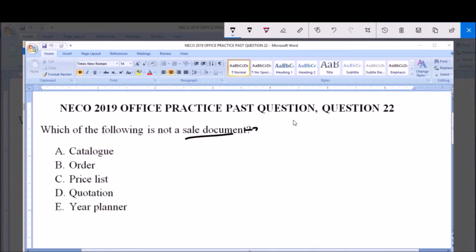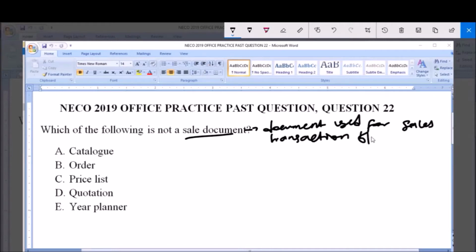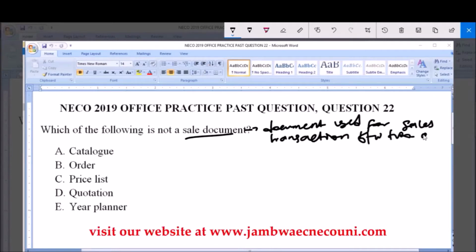Sales documents are documents used for sales transactions between two or more parties.